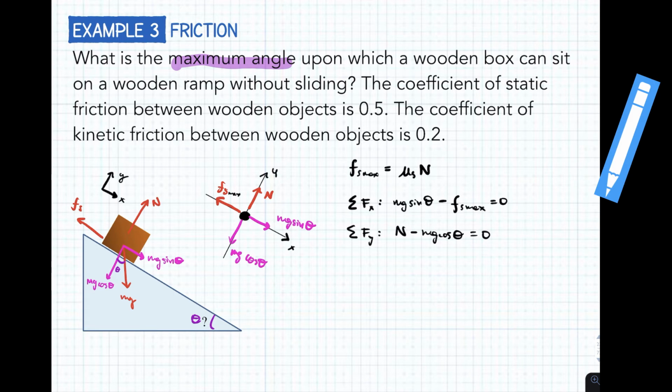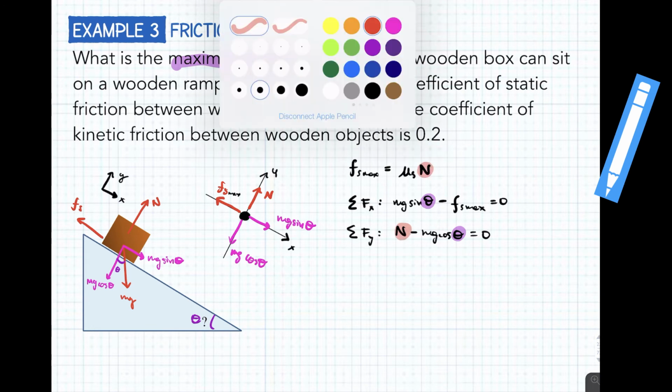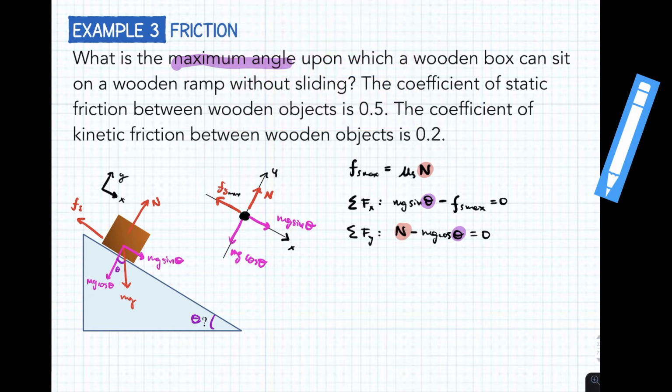We're looking for the angle, so obviously we don't know what the angle is, but we also don't seem to know some other things. So we don't know normal force. And we don't know, I believe, we don't know Fs max, obviously.